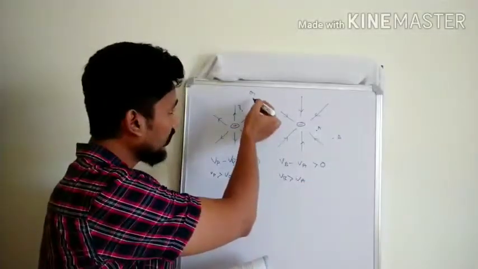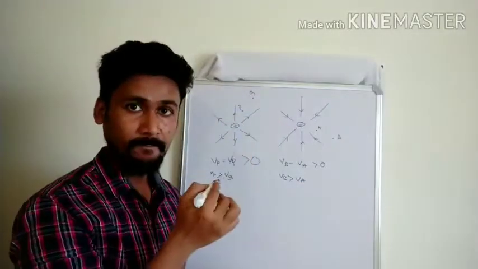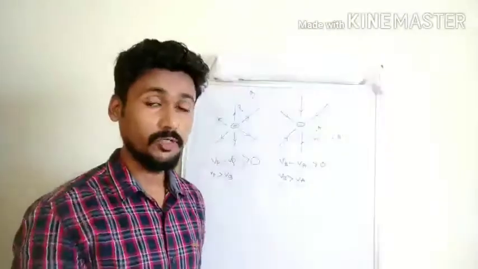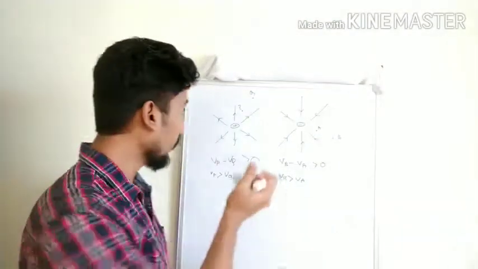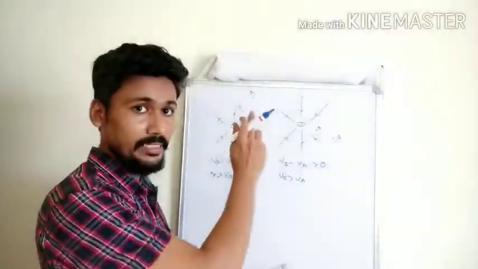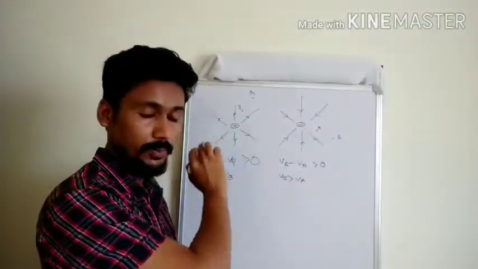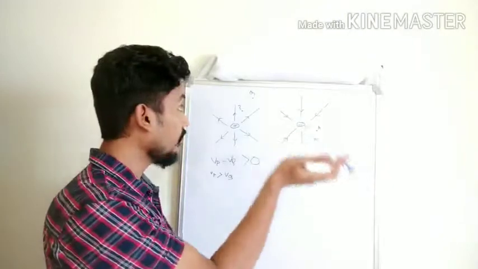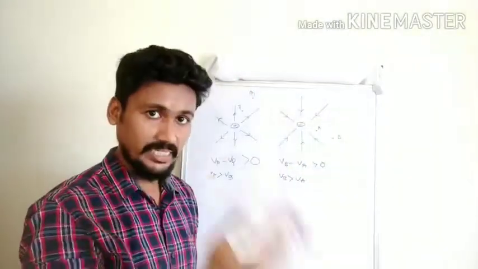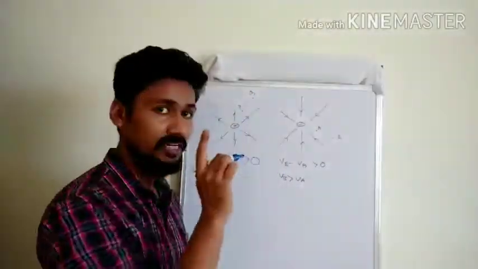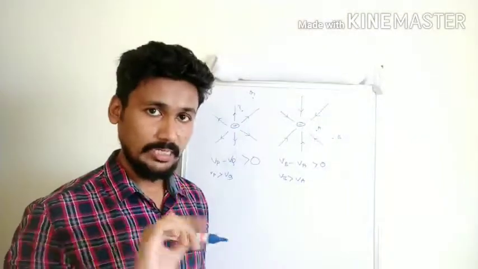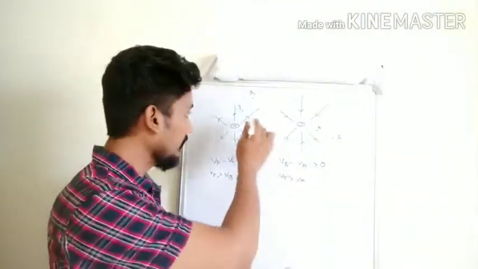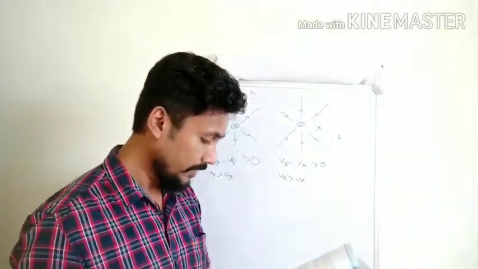When you want to move a positive charge from Q to P, you will have to give a force, because the positive charge will get repulsed by the positive source charge. So work has to be done on that charge. Because extra work is done from the external force, work done by the field is going to be negative. The external force does positive work, but the field does negative work.